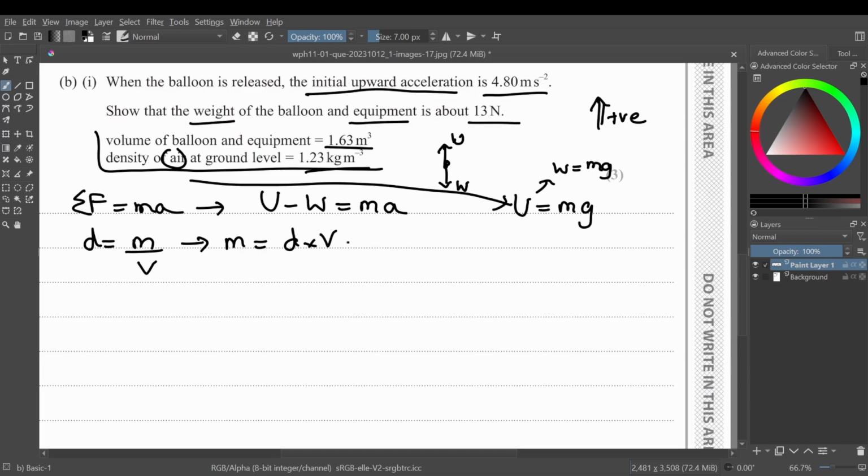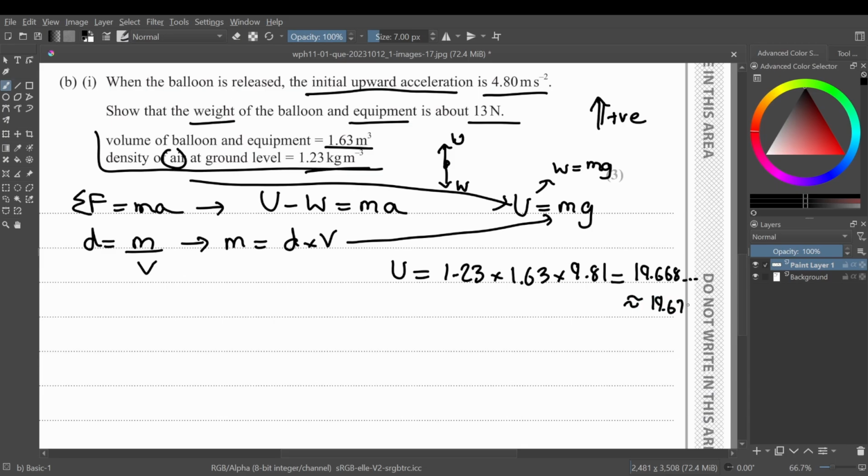We can input this in here and you will get U equals density, which is 1.23, times volume, which is 1.63, times gravity, which is 9.81, and it will give you the value 19.668 and so on. If you round it off, it will be 19.67 newtons.